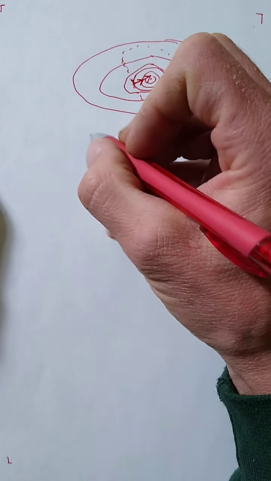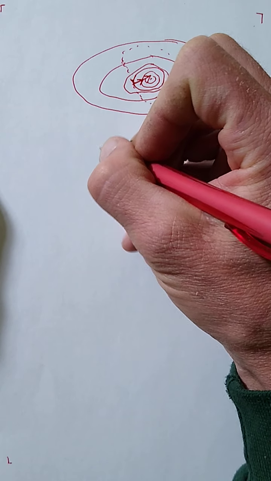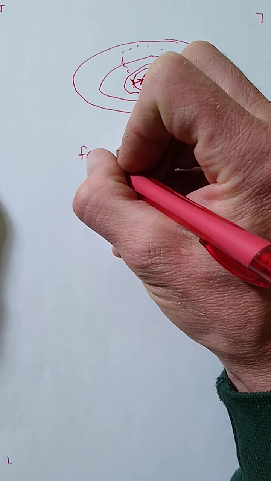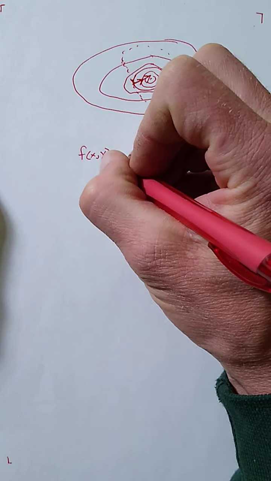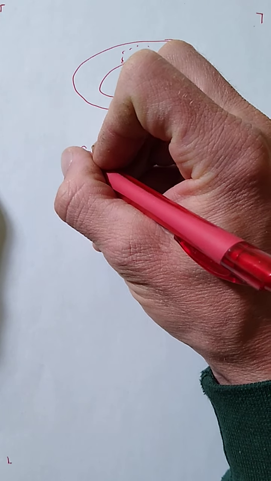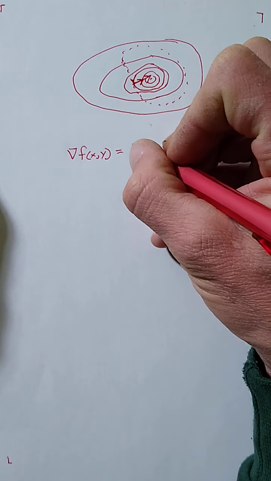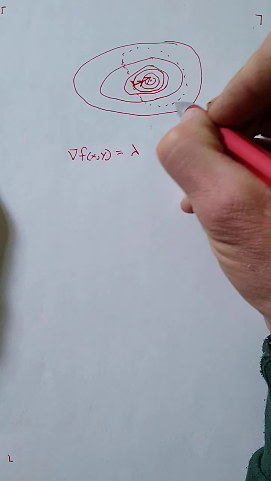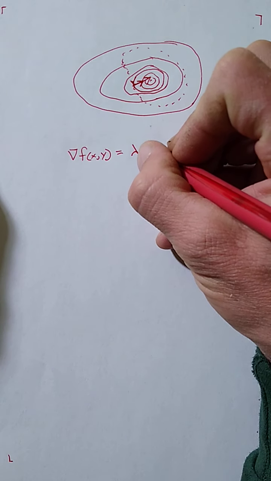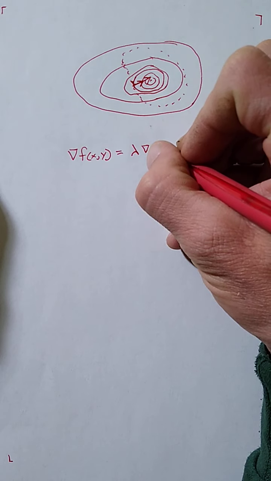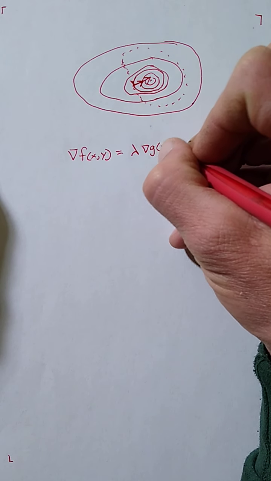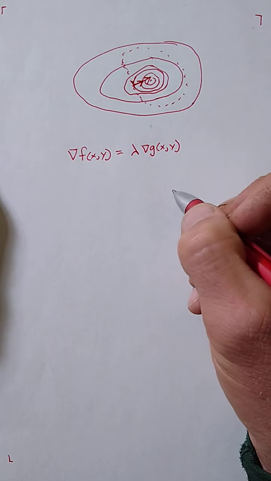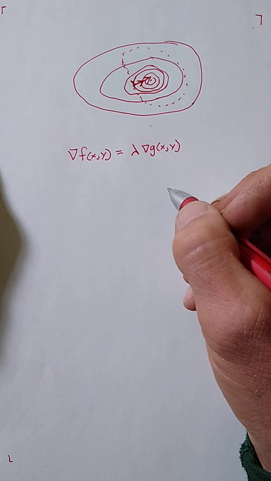So if we think of an equation for the level curves, or the z value, we can call that f of x and y, and its gradient has to equal a multiple of the gradient we would get on our constraint. Hope that clarifies it a teeny bit.